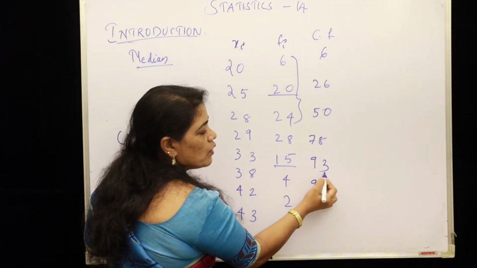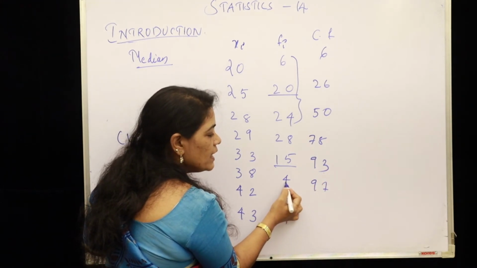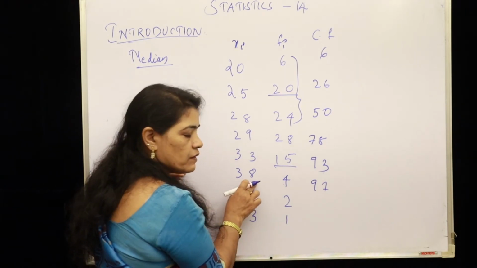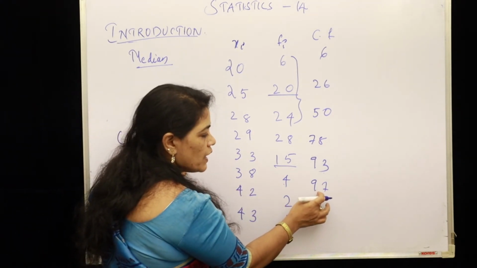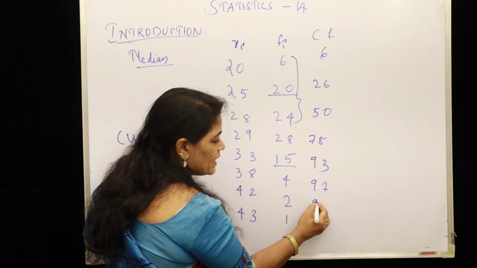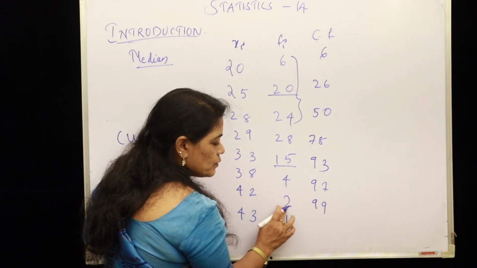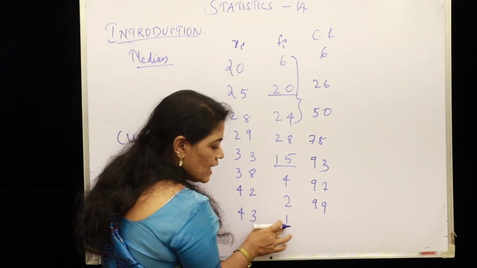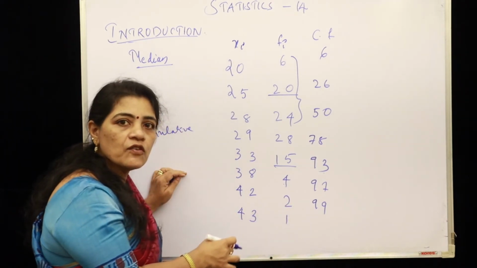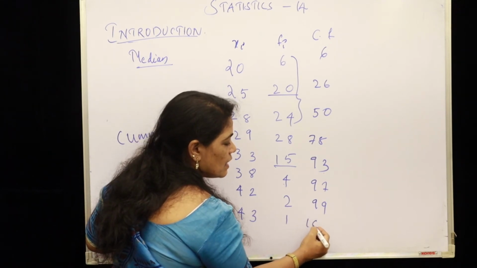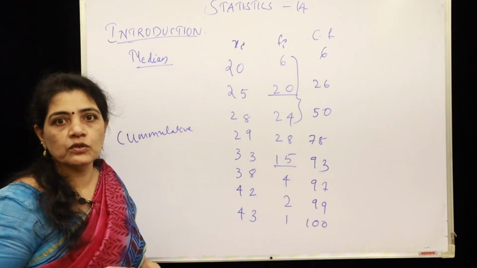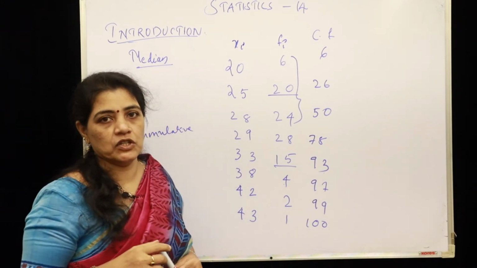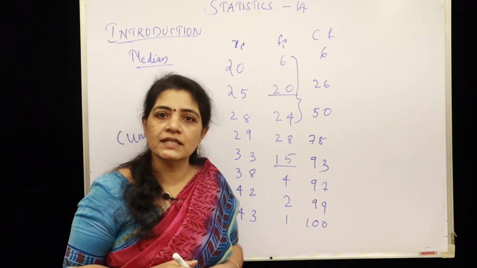Up to this you have the sum 93, and you add its frequency also, which gives 97. Then 97 plus 2 is 99, the sum of the frequencies up to this is 99, and including the last gives its CF, 100. I hope it is clear how to find the CF: the sum of the frequencies up to that observation gives its corresponding CF.